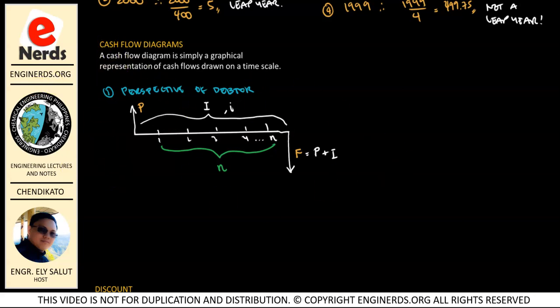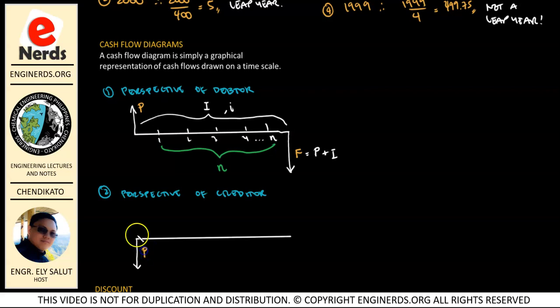So let's say naman sa perspective ng creditor. Okay, so again, gawa ulit tayo ng line to represent yung time frame natin. Okay. So, para sa creditor, at the beginning is nagpahiram siya ng pera. So, he released money. For the perspective of the creditor, ito naman yung initial amount natin.